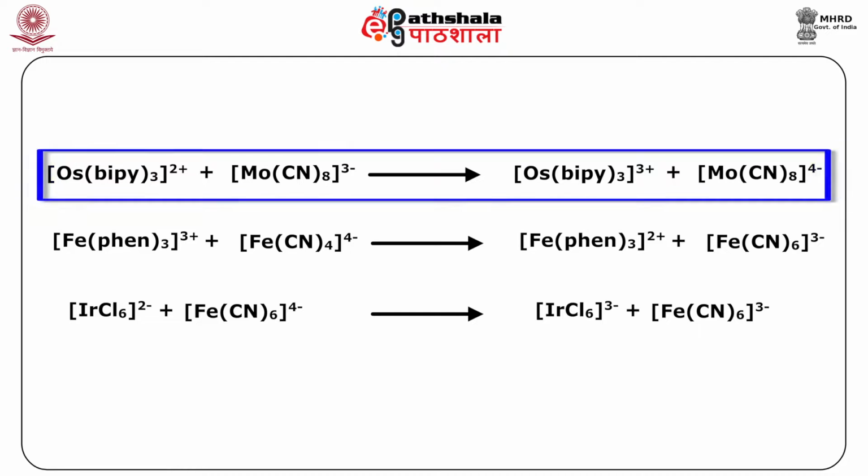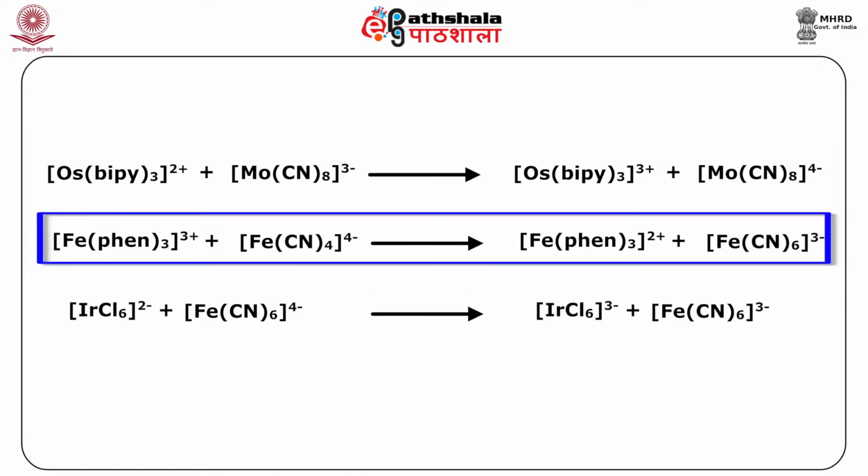So what is happening? Osmium is getting oxidized by 1 and molybdenum is reduced by 1. So it is a one electron transfer process, but the metals and ligands both are different. So this reaction is categorized as a cross reaction.